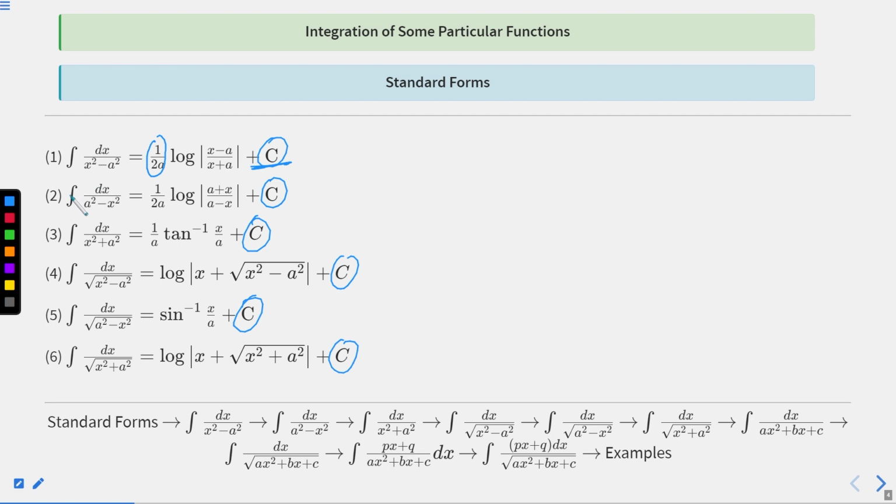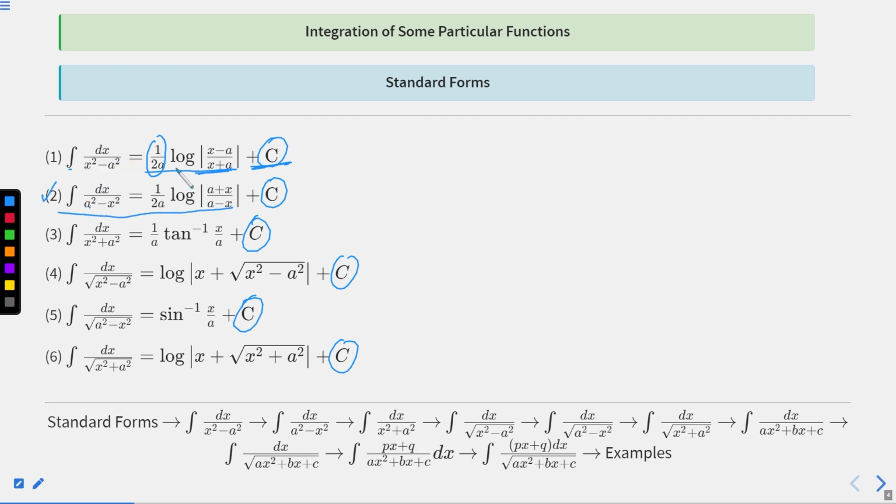Now what is different from the above? In the former expression we have x square minus a square, and in this we have a square minus x square, that's it. You can directly memorize this.